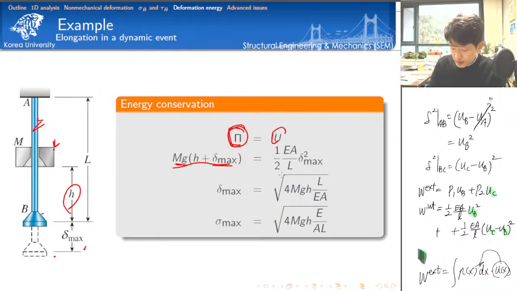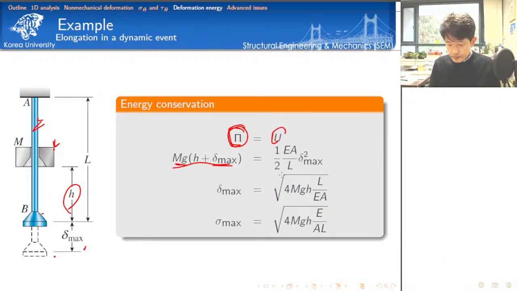Make sure the deformation energy is equal to the integration of the deformation energy density over the volume, isn't it right? Here we have a bar, so this is equal to the deformation energy density times the volume of the bar. The volume of the bar is area times the length of the bar.